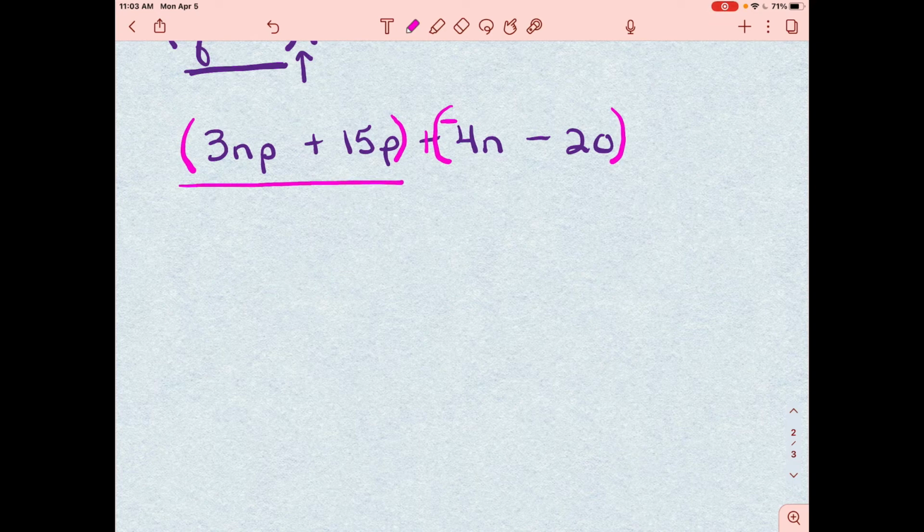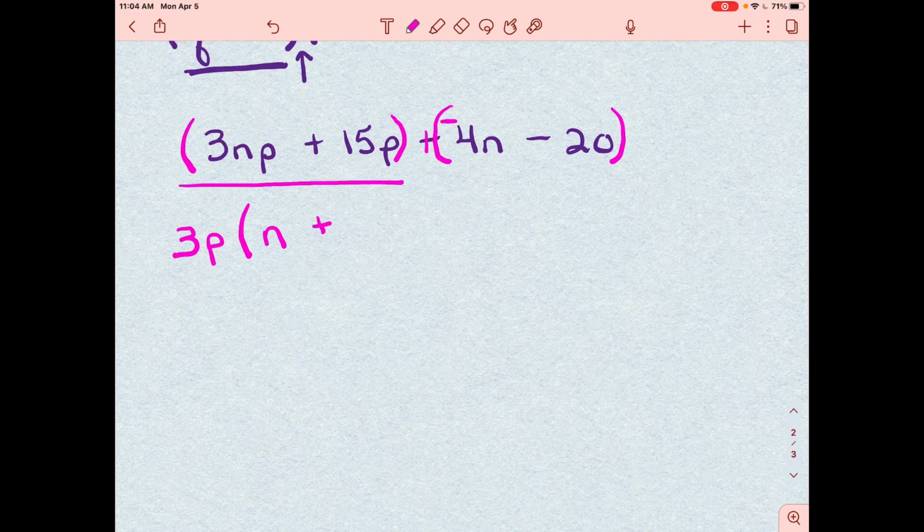Do 3 and 15 have a common factor? Yes, they do. They have a 3. Is there a common n in both of these? No. But there is a common p. So I'm going to put 3p as my greatest common factor. Here are my parentheses. If 3np contributes 3 and p, what's left behind is n, because 3p times n gives me 3np.